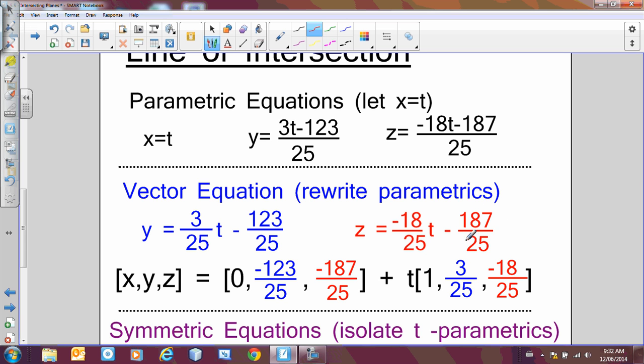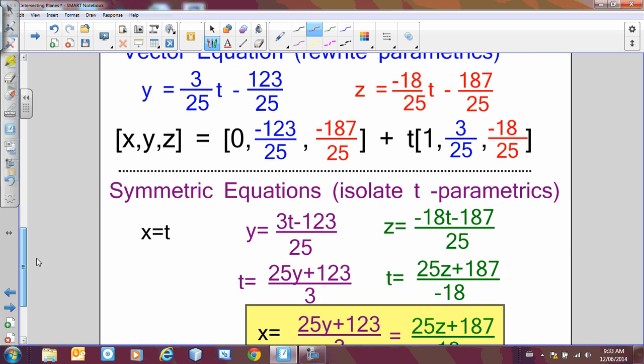This is the z value of the point in the vector equation, and this is the y value of the direction vector, and the z value of the direction vector. X itself, I didn't write the same way, but x is the same as, I guess I should have rewritten these in a different order, 1t plus 0. So 0 is the coordinate of the point, 1 is the x value of the direction vector.